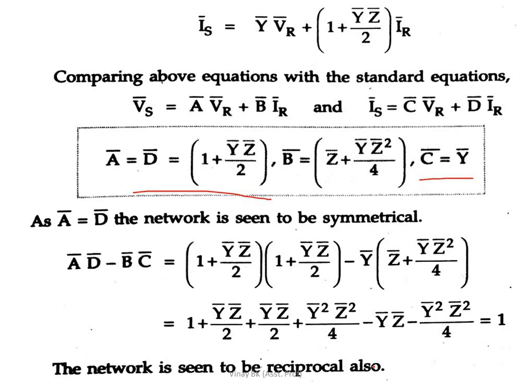By looking at this expression, we can say the network is symmetrical because A equals D equals 1 plus YZ by 2.